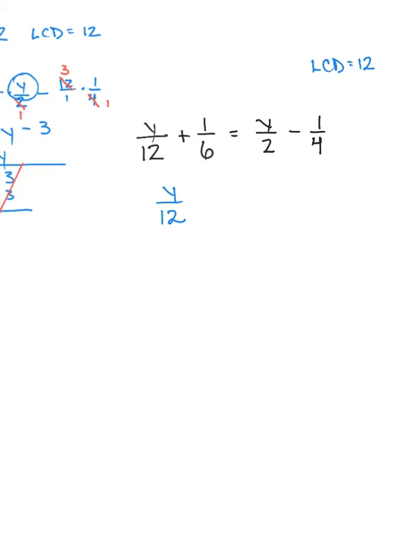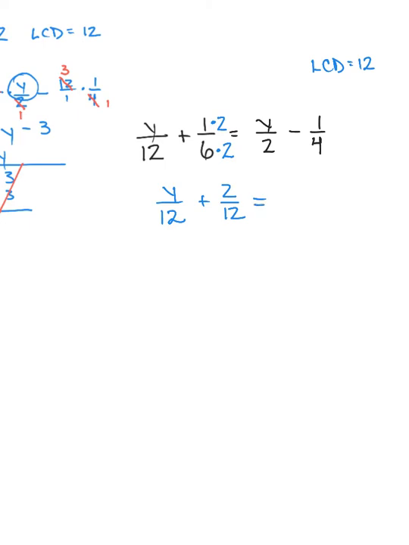For the second fraction, how do we get from 6 to 12? I need to multiply by 2 on the bottom, but remember that when we're working with fractions, whatever you do to the bottom, you have to do to the top. So we get y plus 2 over 12.